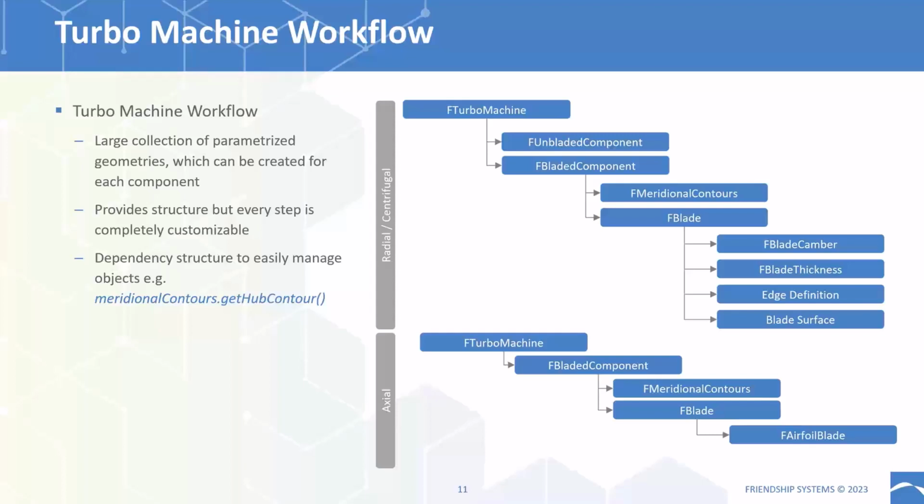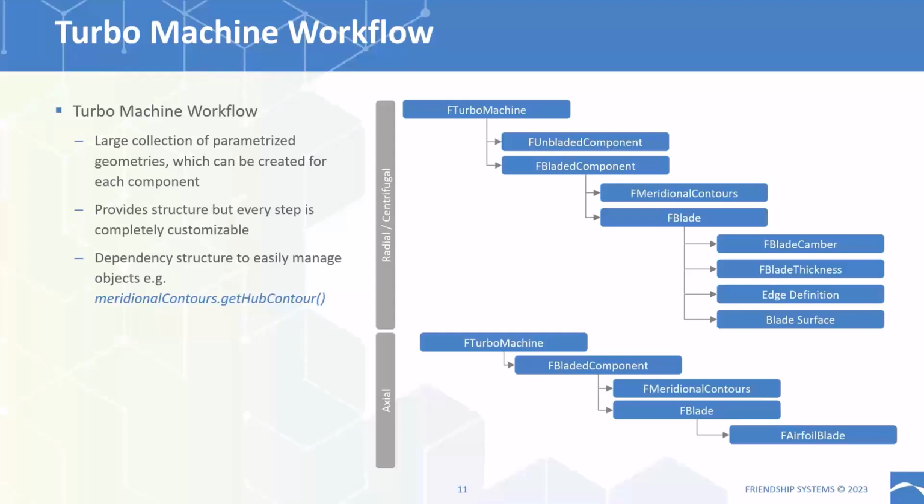It does provide a structure to your CAD models and the modeling process. But it's important to know, even though it provides throughout the whole process different templates and prepared things, it is completely customizable at every step.